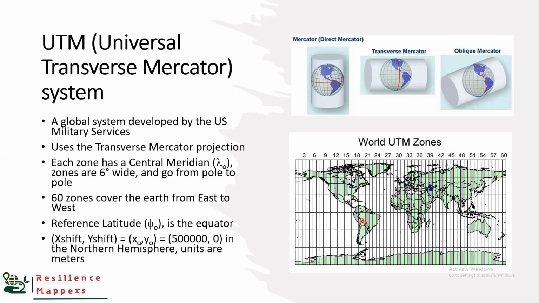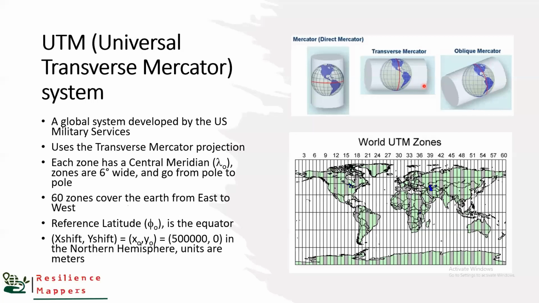Now you might wonder, what is the transverse Mercator projection? As demonstrated on this diagram, the Earth is a globe, so you have to find a way of projecting it onto a flat surface. There are very many ways of doing that, which I may not talk about right now. It's altogether a different course. One of them uses a cylinder.